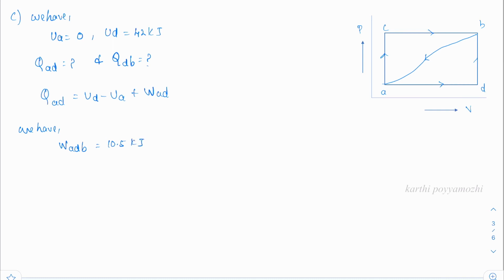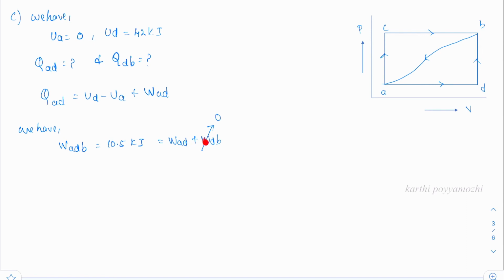While equating, we can get WADB equal to WAD plus WDB. This WDB tends to 0 since this is a constant volume process, and for a constant volume process, the work done, the integral of PdV work, will be equal to 0.